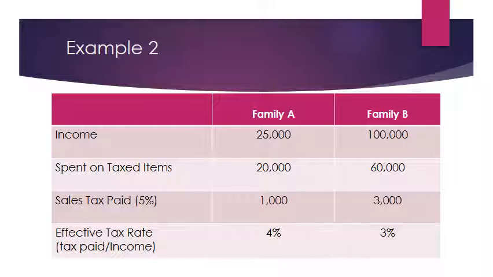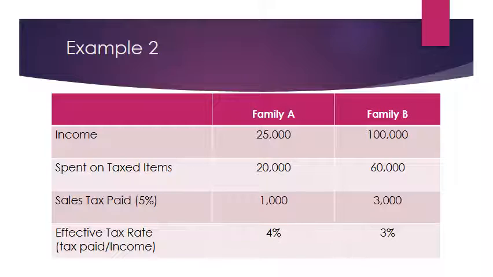And so in this example, the tax is regressive, and usually this happens because poorer families or lower income families usually spend more of their income, and so they pay more taxes on their purchases, whereas higher income earners tend to spend less of their income and to save a large proportion of it.